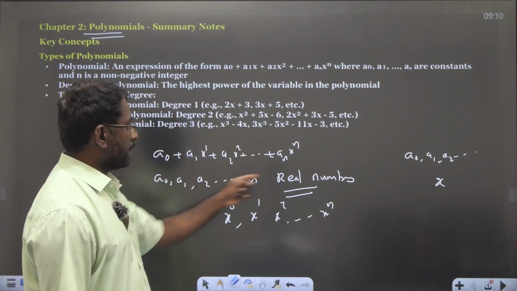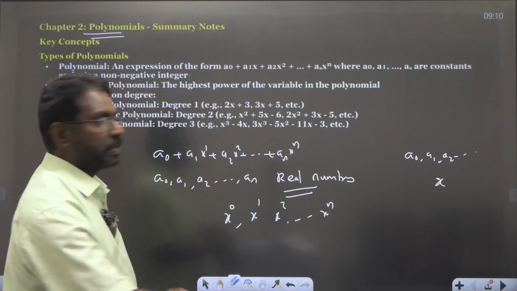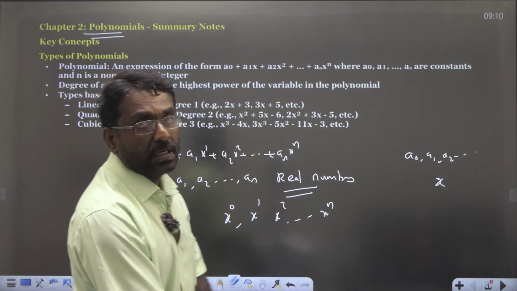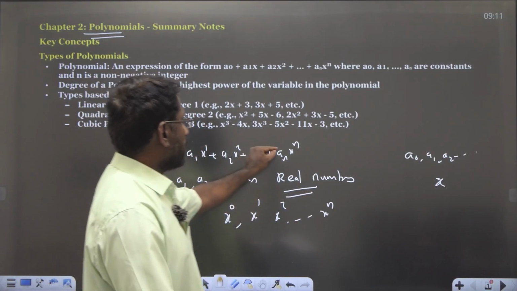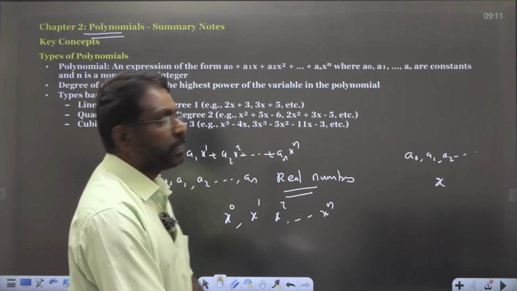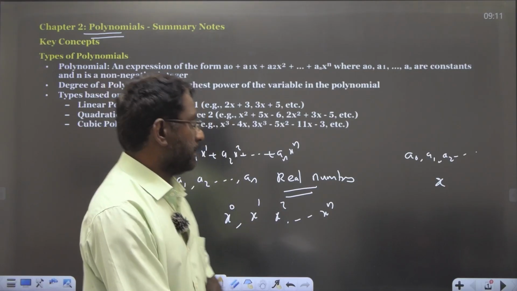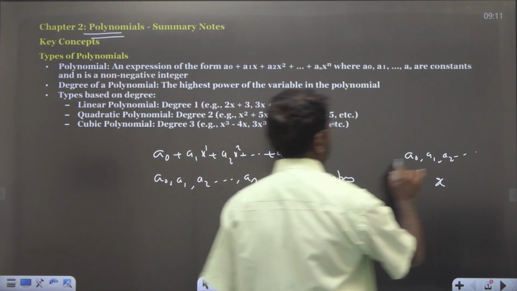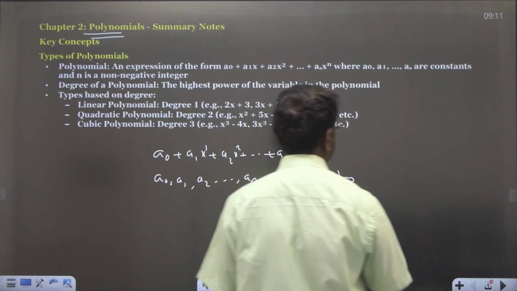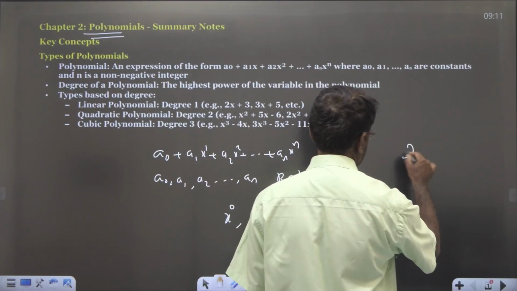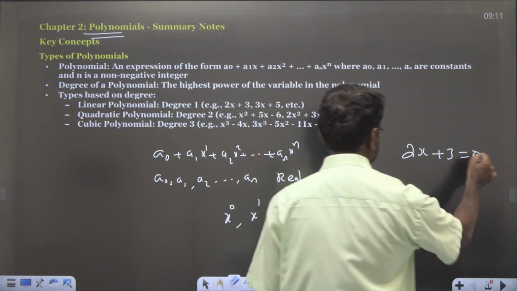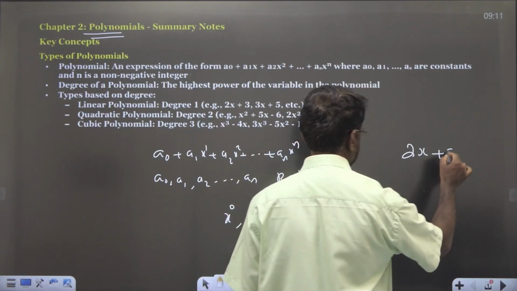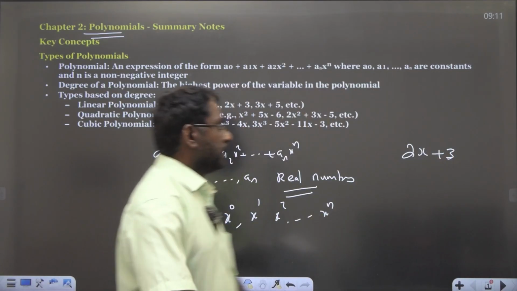This is an nth degree polynomial. How we can recognize the degree of a polynomial? The degree of a polynomial means the highest power of the variable denotes the degree of the polynomial. For example, 2x plus 3, it is a polynomial, not equal to 0, then it will be an equation. It is a polynomial.